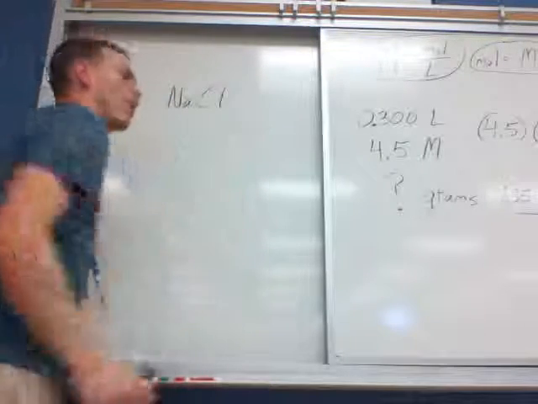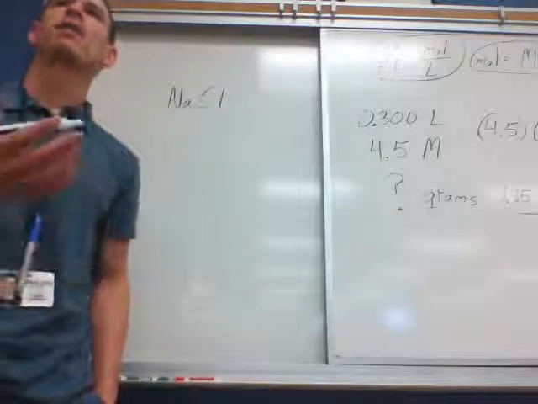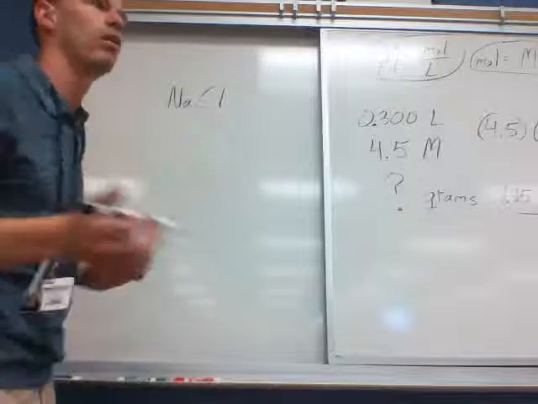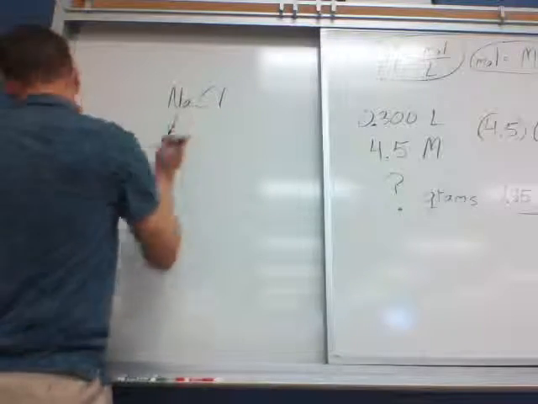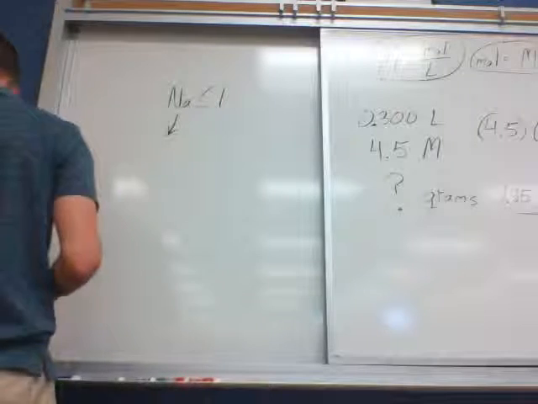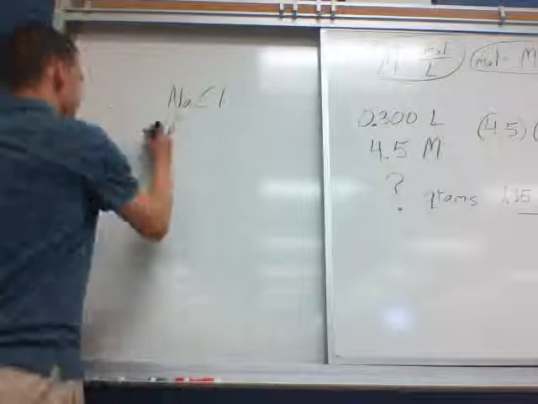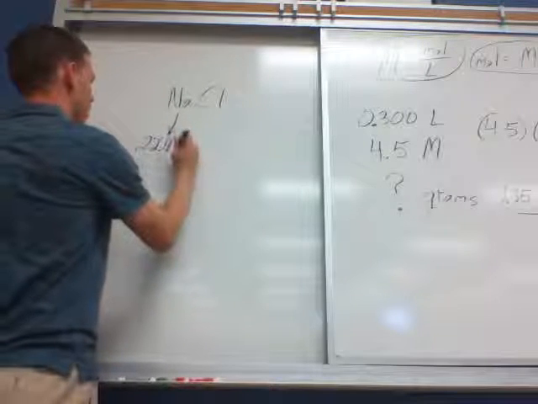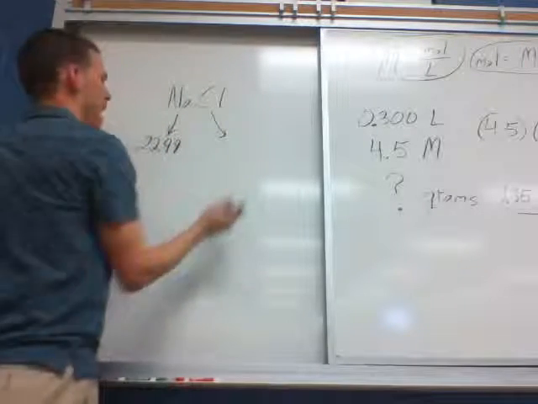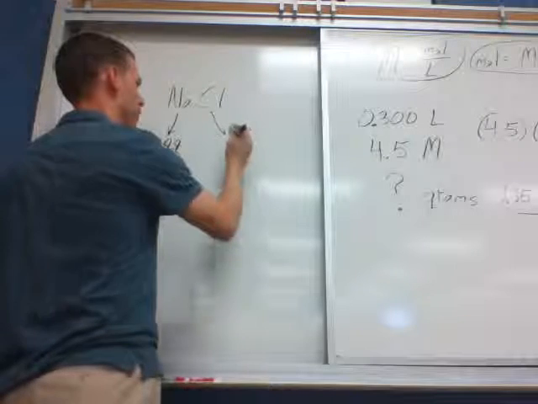Sodium chloride. All right, so we just need the molar mass of 1 Na and 1 Cl. All right, 1 sodium has a mass of 22.99. 1 chlorine has a mass of 35.453.